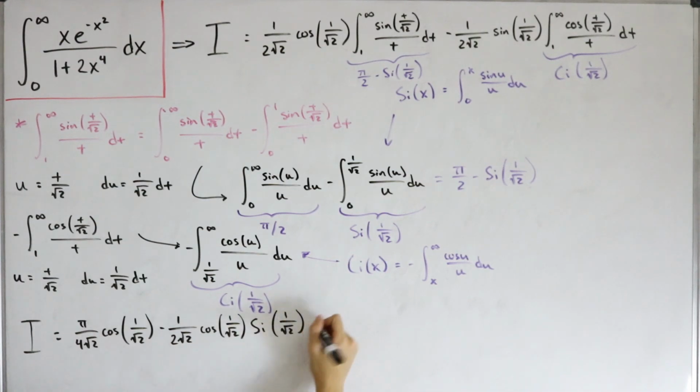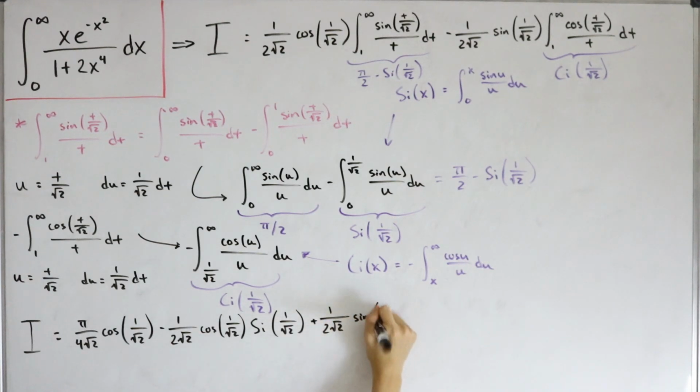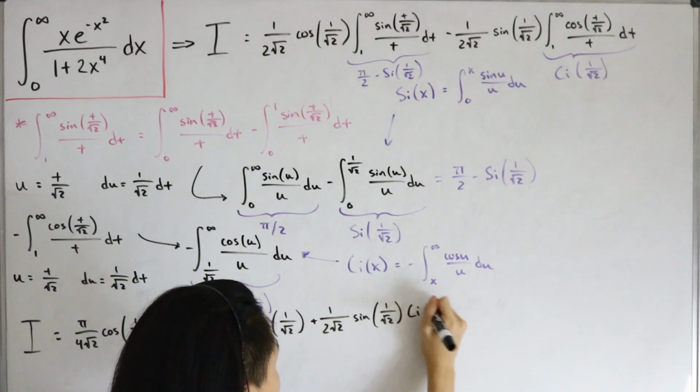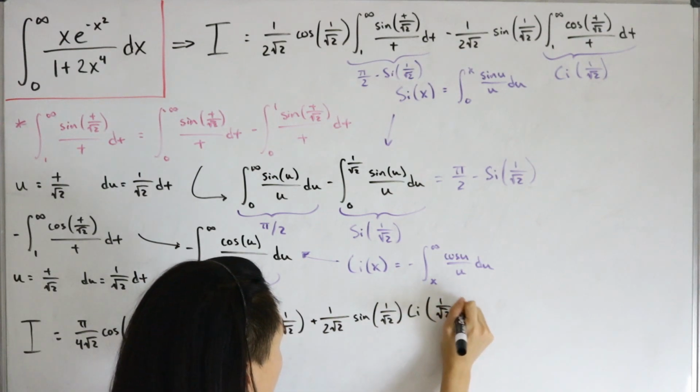And then lastly, plus 1 divided by 2 times the square root of 2, multiplied by sine evaluated at 1 divided by the square root of 2, and then multiplied by the cosine integral evaluated at 1 divided by the square root of 2.